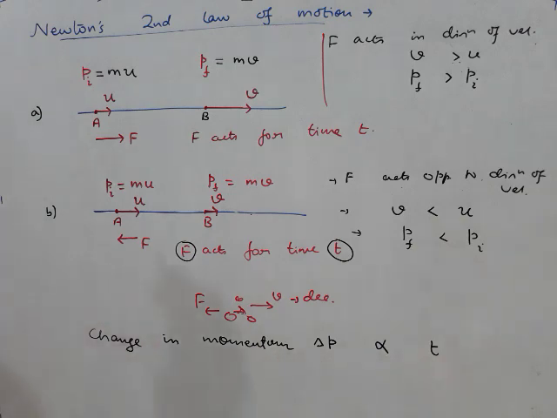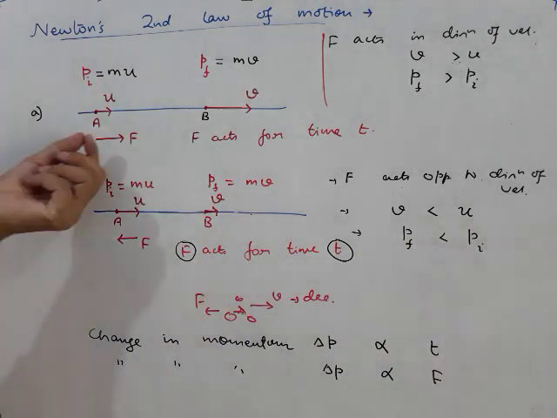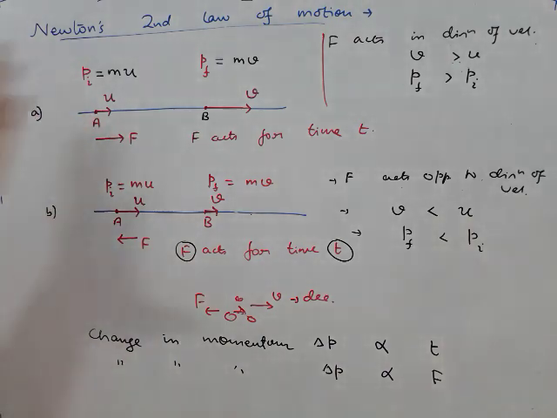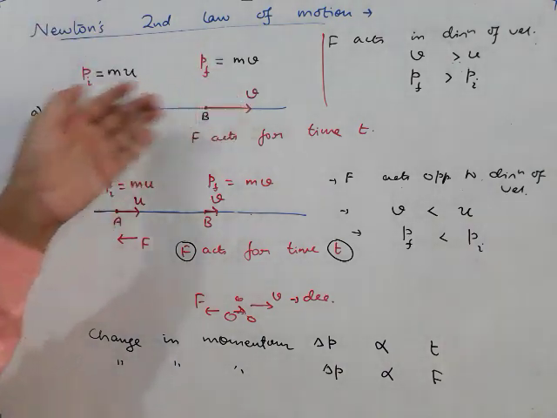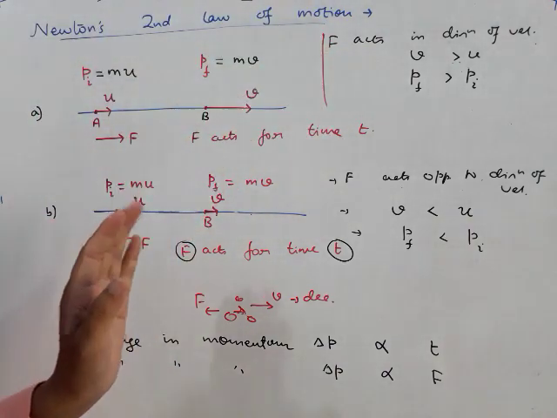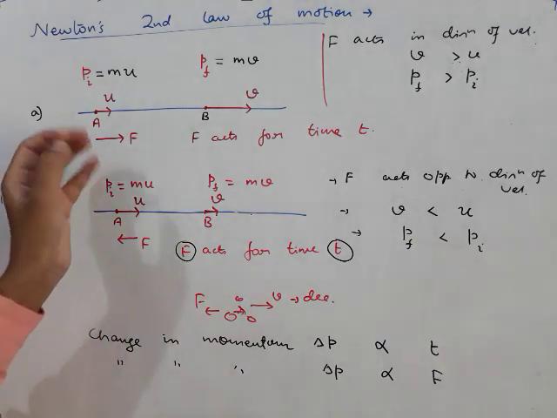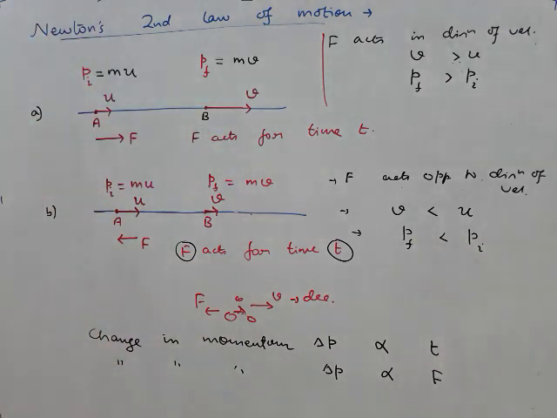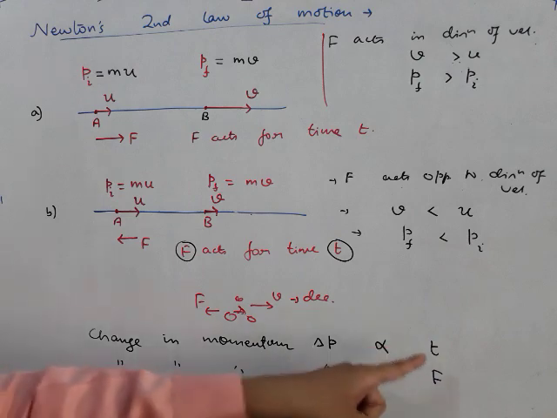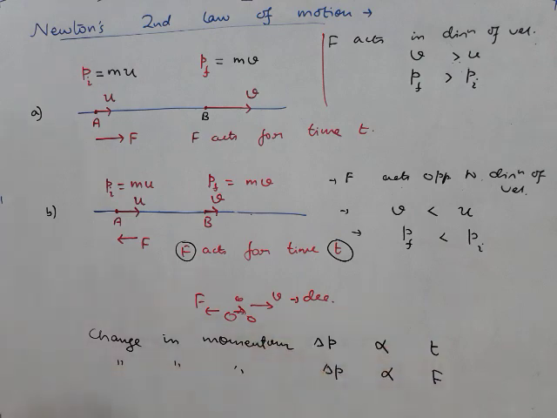Also, change in momentum of the body, delta P, will directly depend upon the force. Suppose one person applies a very large amount of force. If you apply large force, the change in velocity, the change in momentum will be large. But if you apply very small force, the corresponding changes will be very small. So these two are the factors on which the change in momentum depends.